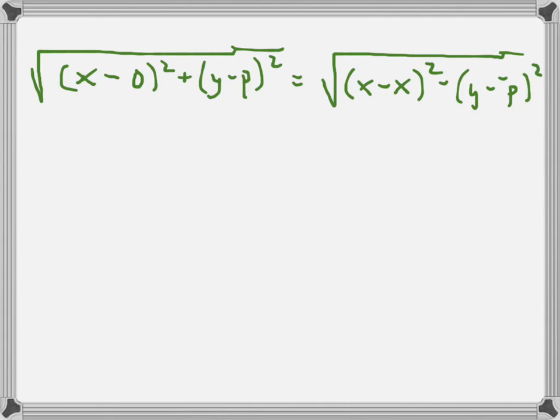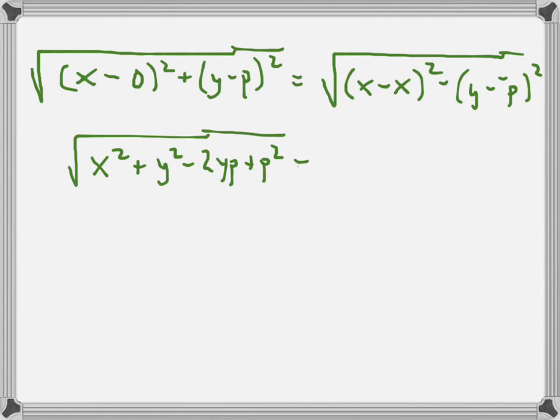So just cleaning this up, on the left side that gives me x squared plus y minus p squared, which I'll go ahead and expand, which is y squared minus 2yp plus p squared. And on the right side I'll clean that up too. x minus x is just 0, and then I'm going to have y minus negative p squared, or y plus p squared.